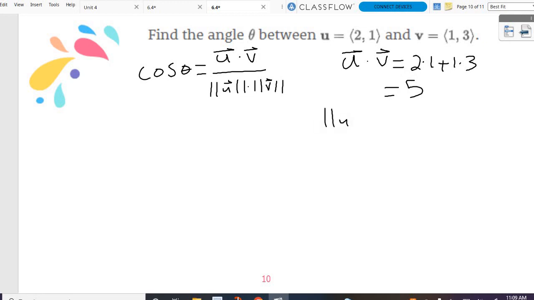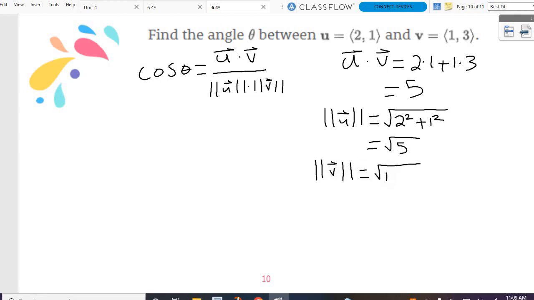My magnitude of u is the square root of 2 squared plus 1 squared, which is the square root of 5. My magnitude of v is the square root of 1 squared plus 3 squared, which is the square root of 10.